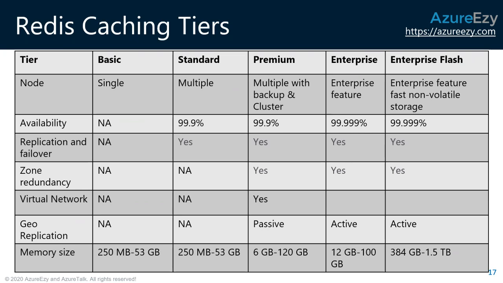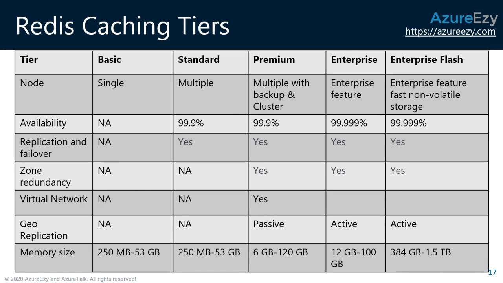It supports snapshots, backup, and clustering as well. Another difference between basic and standard is that standard also has replication. Because it has two nodes, the primary node will replicate to the secondary node and can fail over in case of any failure. But that replication is within the data center.